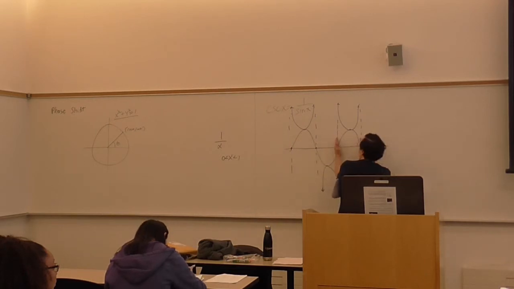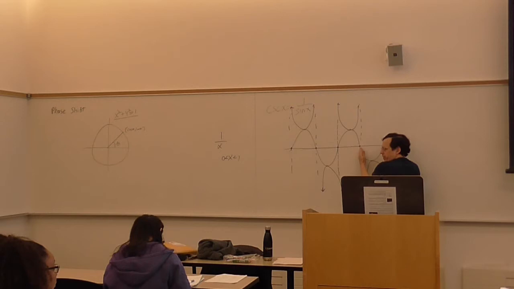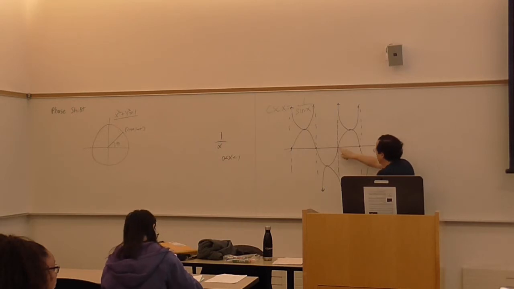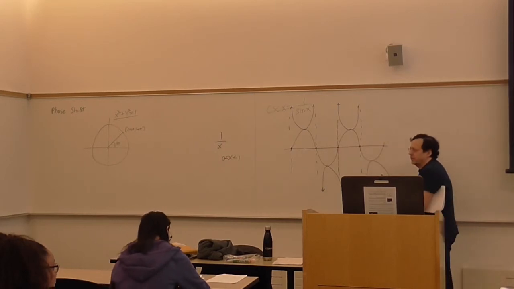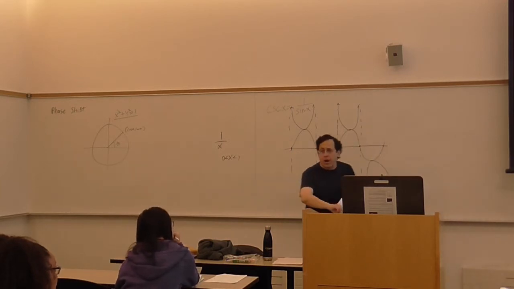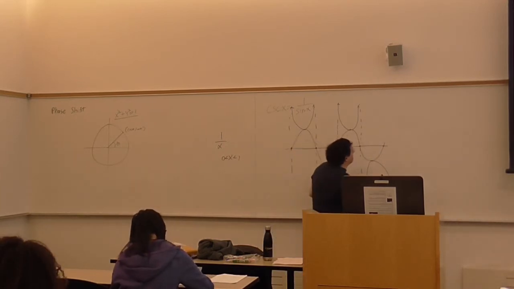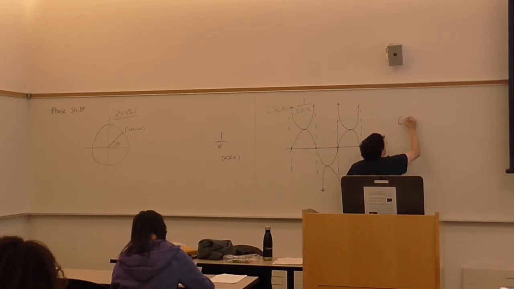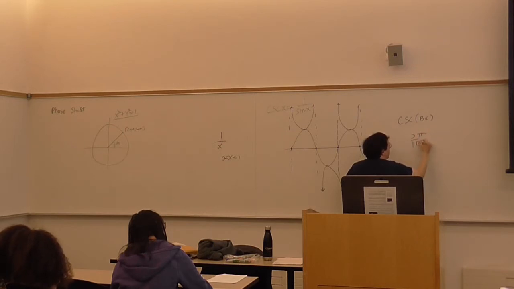This distance is pi. I know it looks the same, right? But so does the sine function, right? The sine function looks the same as the opposite. It's actually the period is from here to here. It's the same as the sine function. It's 2 pi, or if we have a b in there, it's just going to be 2 pi over that b value.